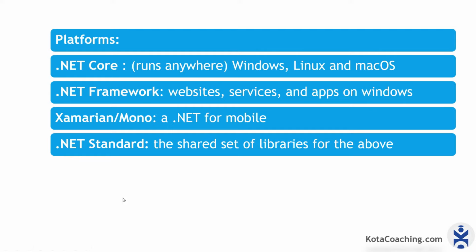That is actually the libraries. .NET Standard is a set of specifications, and you can say it is the shared set of libraries for the above. I will explain later about .NET Standard. So all these are the .NET platforms to create different kinds of applications.